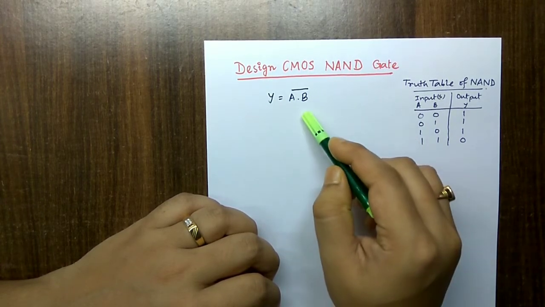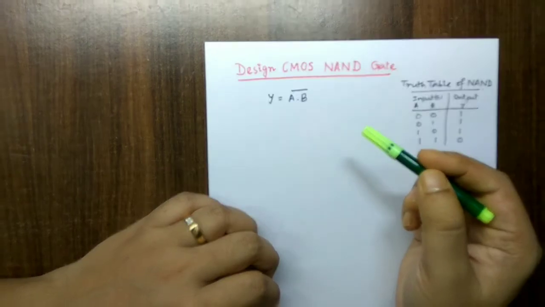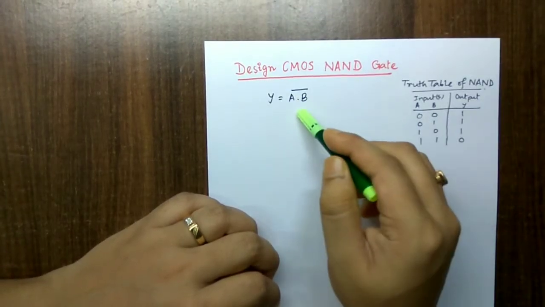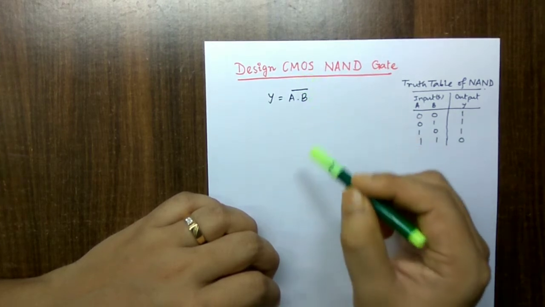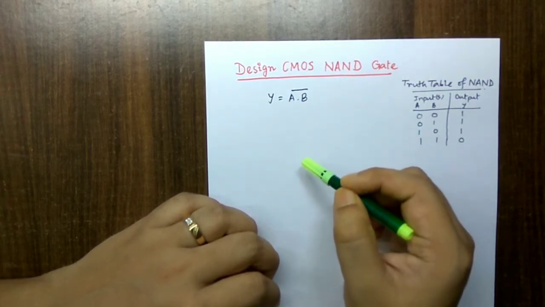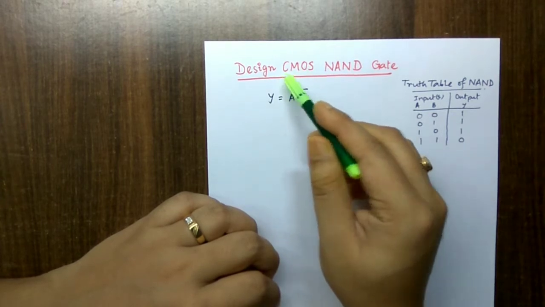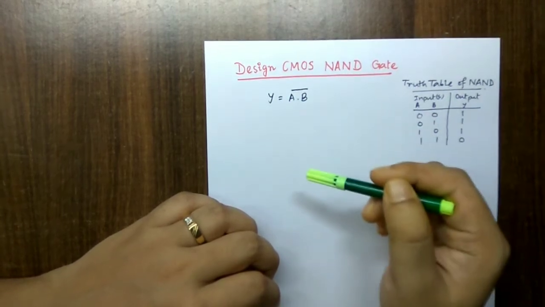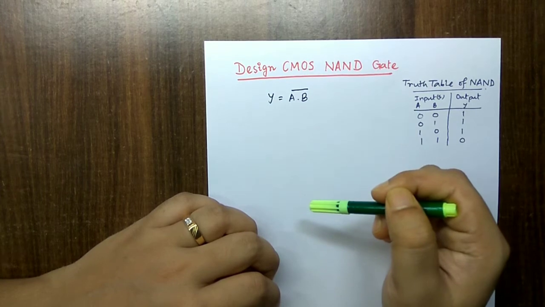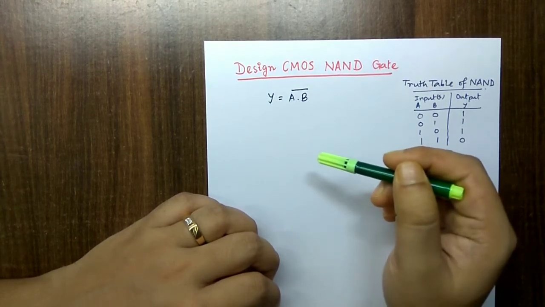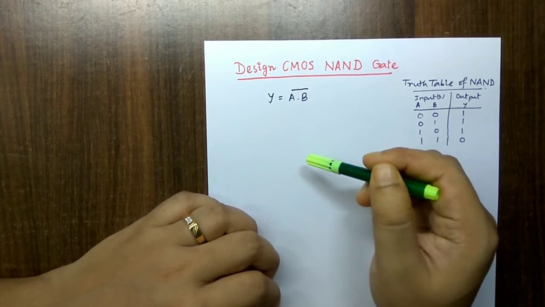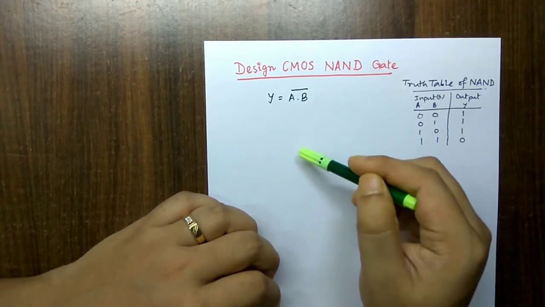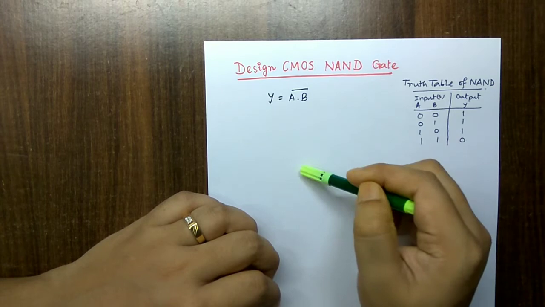In this video, we are going to understand how a digital NAND gate can be designed using metal oxide semiconductor field effect transistors. If I talk about CMOS, it is a combination of both PMOS and NMOS. In my earlier VLSI design videos, I hope you have already seen that a CMOS consists of a pull up network and a pull down network.